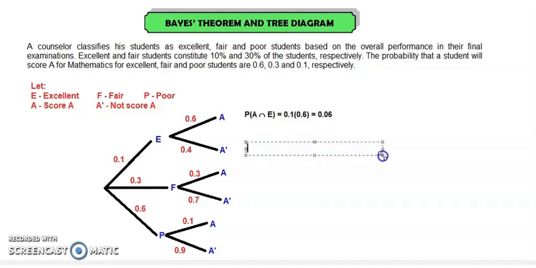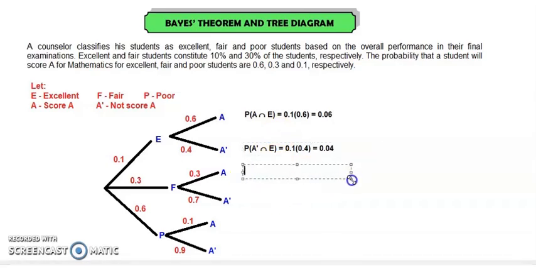Similarly for the rest of the outcomes, you can calculate the probability. So here will be the probability of A prime intersect E, which is equal to 0.1 multiplied by 0.4, which is 0.04. Okay, continue the same step until the last outcome.